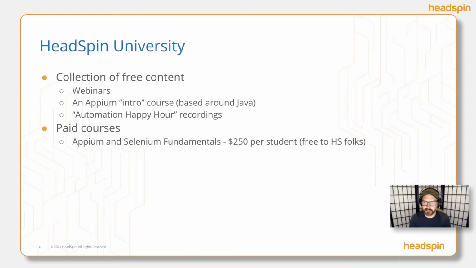And it's free for all of you that work at HeadSpin. I believe it's been made an option as part of onboarding to get enrolled in this course. And I know that I've been walking many of you through the different course challenges.